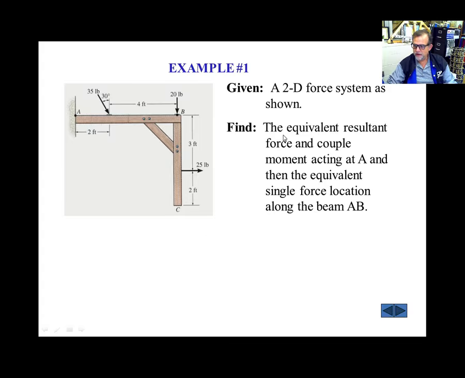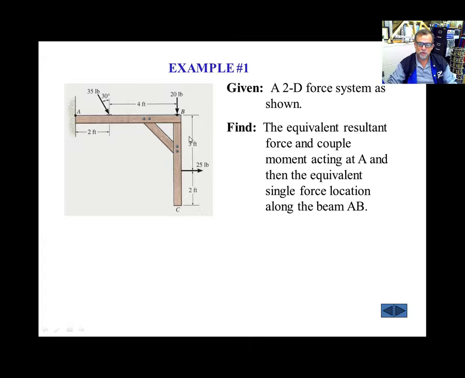The first part is finding the equivalent resultant force and couple moment acting at A. And then the second part says, forget about what you did, and instead of finding a force and a moment at A, find only one force, anywhere in this line, that produces the same effect as everything else combined. I'm going to go into detail and explain each one of them.